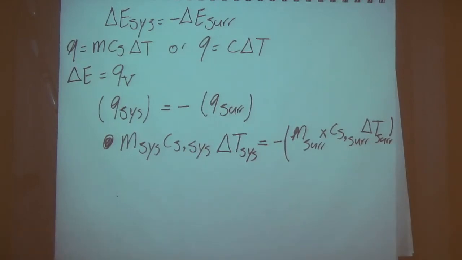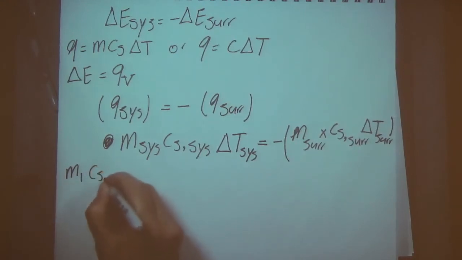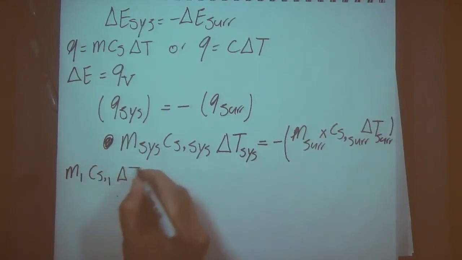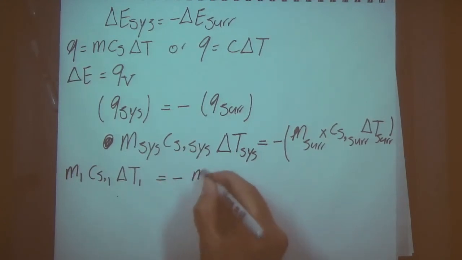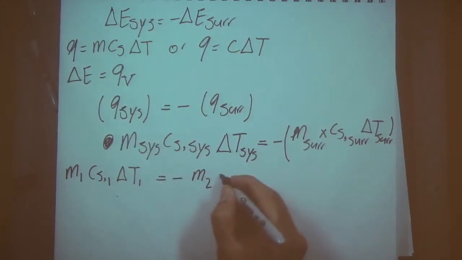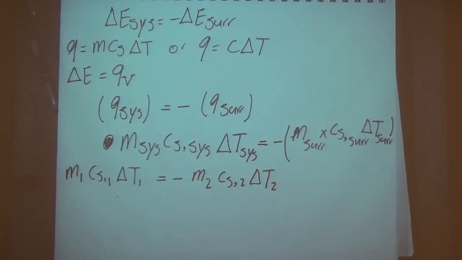Okay. So we can call it M1 Cs1 delta T1 is going to be equal to minus M2 Cs2 delta T2, assuming 1 is the system and 2 is the surrounding.